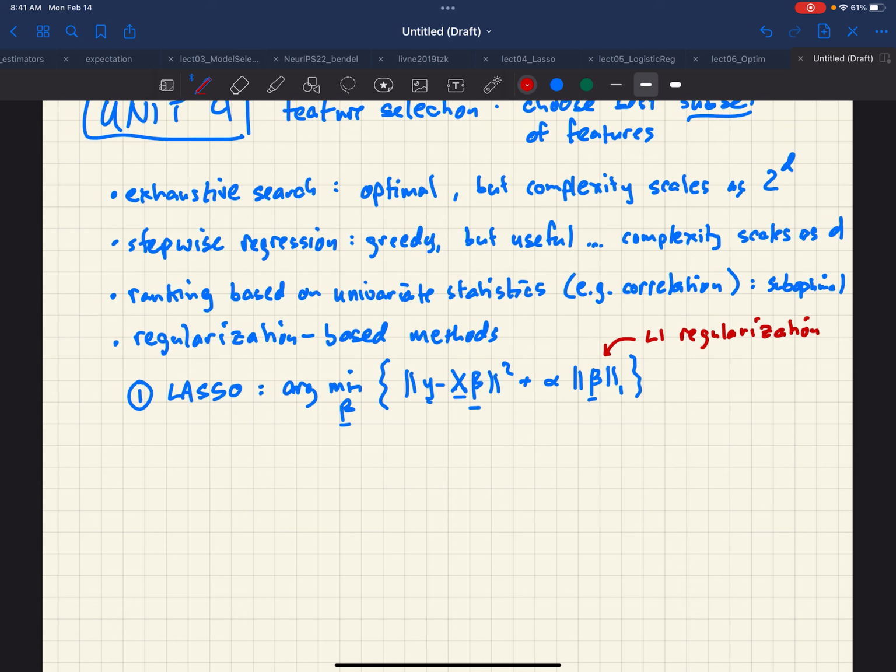And so what we know about lasso is that it sets a subset of beta to 0, but it also shrinks the remaining non-zero beta.